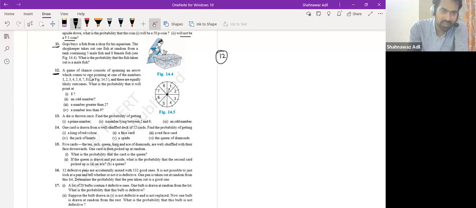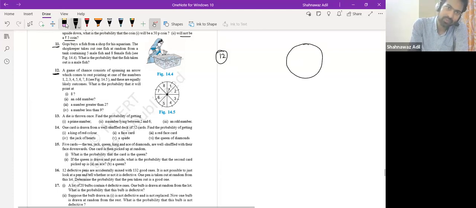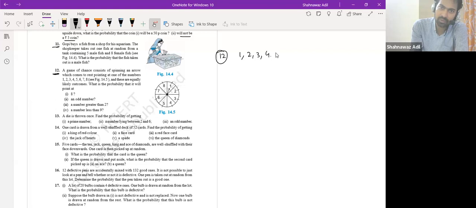We have this game of chance consisting of spinning an arrow which comes to rest pointing at one of the numbers. So we have 1, 2, 3, 4, 5, 6, 7, 8.